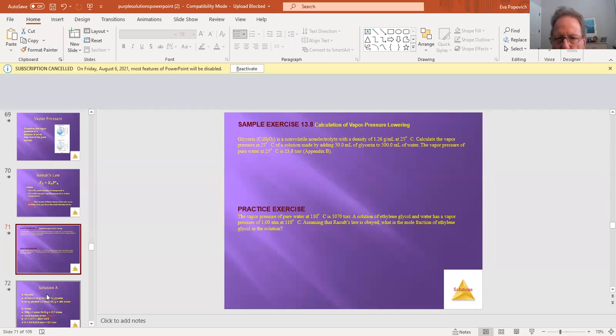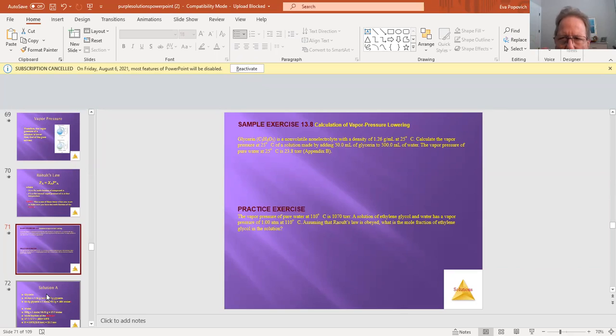Calculate the vapor pressure at 25 C of a solution made by adding 50 milliliters of glycerin to 500 milliliters of water. The vapor pressure of pure water is 23.8 torr at 25 degrees Celsius. So we know what the original vapor pressure is of pure water. That's what P superscript 0 is.